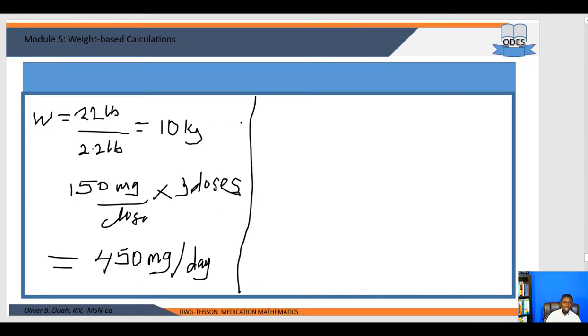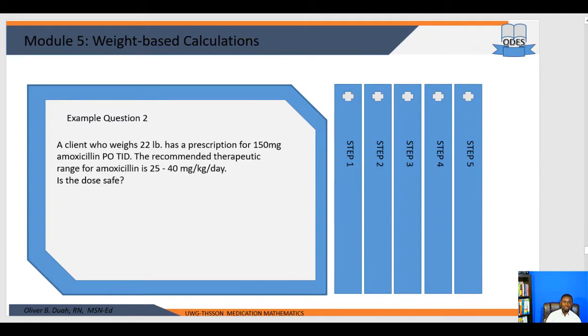So we know that the upper limit is 40. And so let's see if the prescribed dose is greater than that.